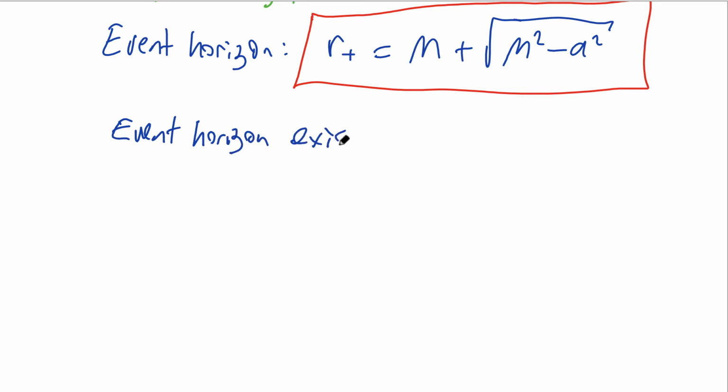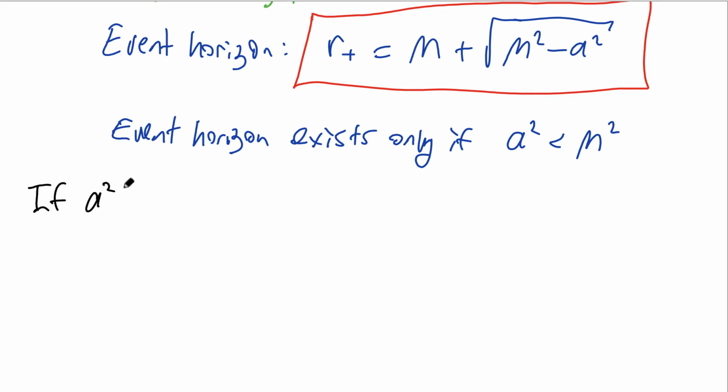So it exists only if a squared is less than m squared. So if a squared is greater than m squared, then we have no horizon, but we still have a singularity.